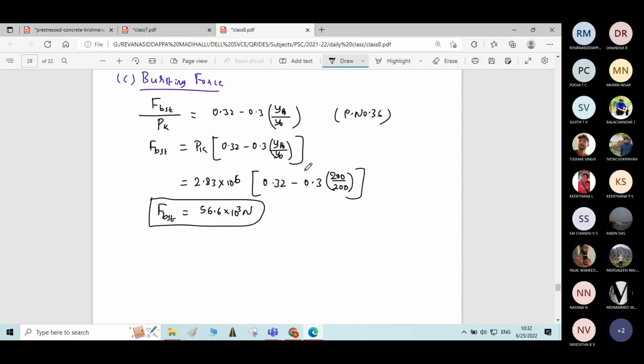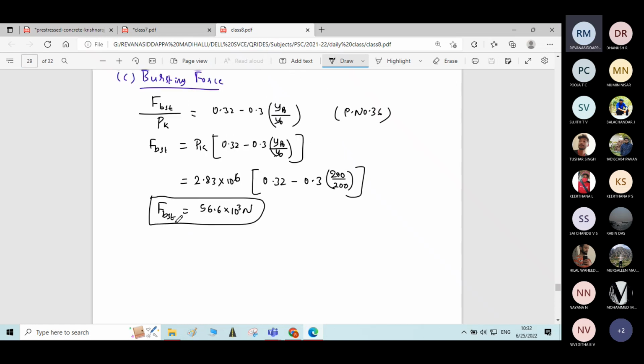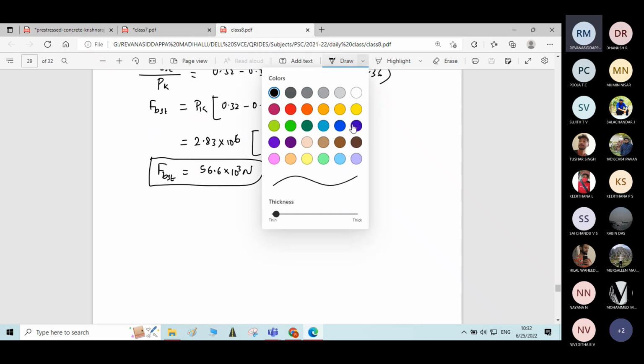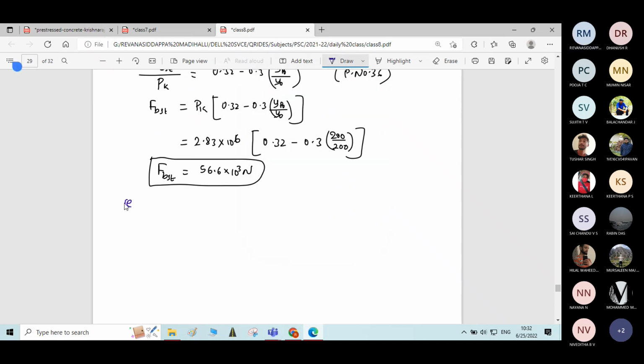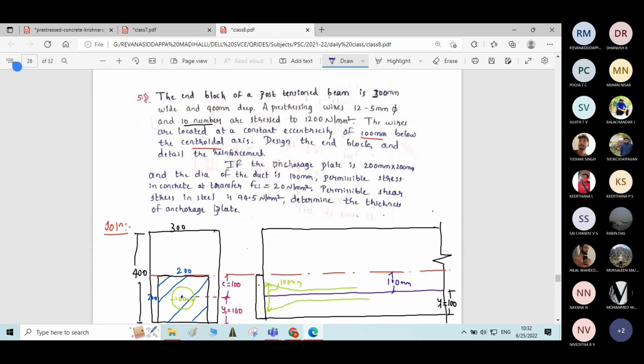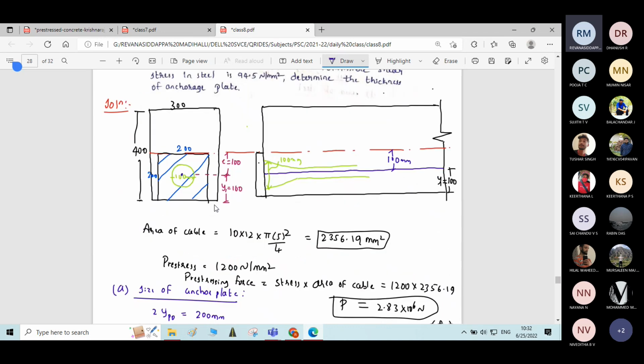Now, if you know the bursting force, you can find the area of steel easily. Step E, area of steel. The grade of steel is not given, correct? We'll assume Fe 415 steel only.